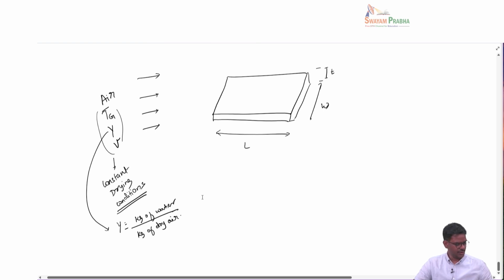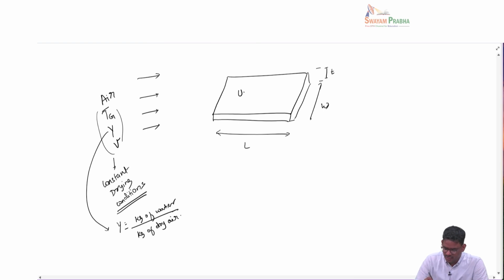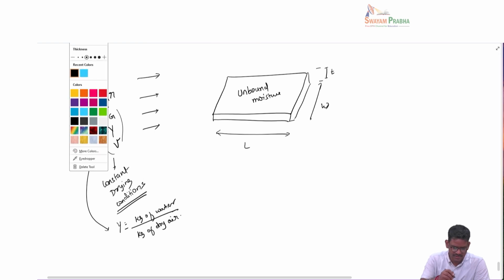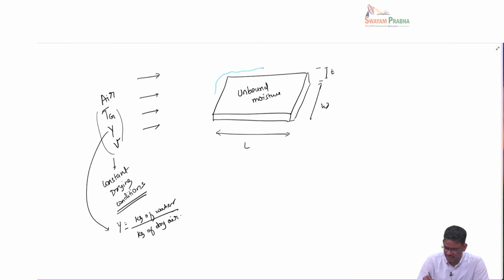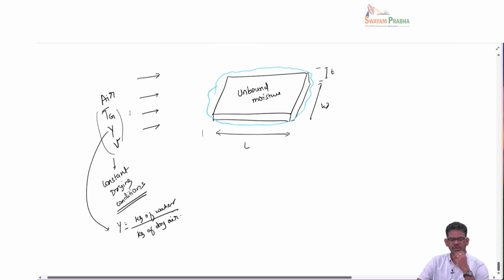So then what we can do is, if you look at this case, we say there is an unbound moisture here on the surface. I can denote that by drawing a small thin film around this. It's more like a wet solid object. So now how is this evaporation happening?